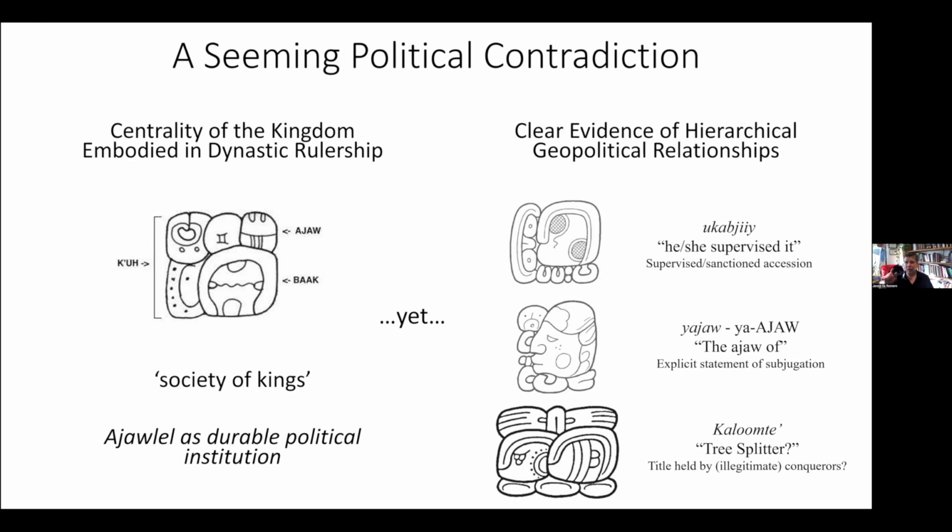The sanctioning of the kings highlights that for a vassal king to accede to the throne, they needed Kalakmul sanction. I think that's pretty well evidenced in the record because those subordinate kingdoms are describing themselves as vassals themselves. This is not political propaganda coming from outside.